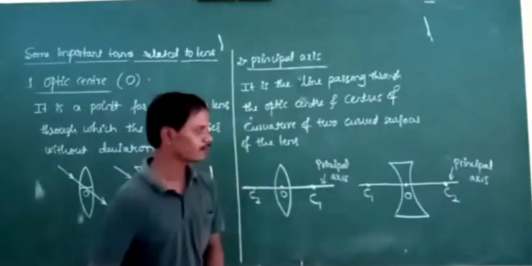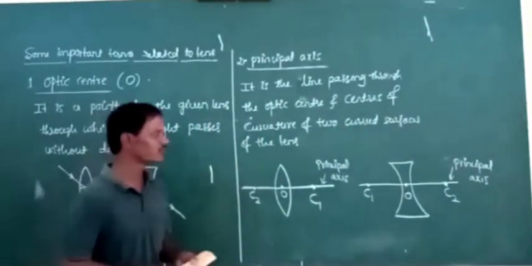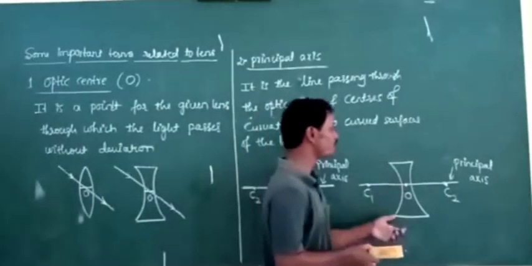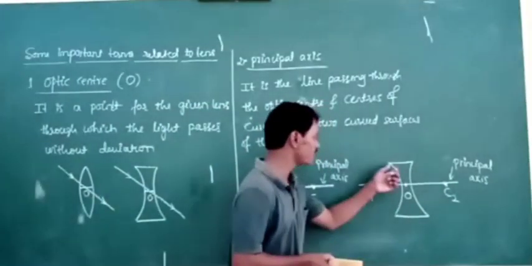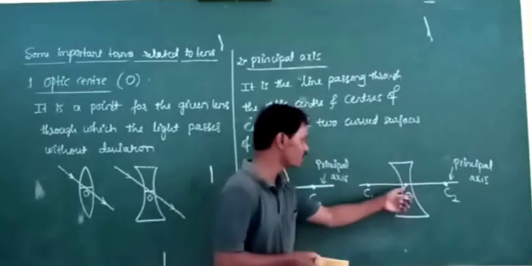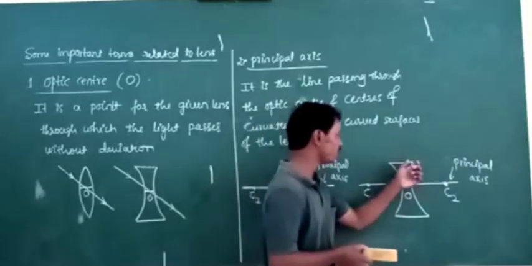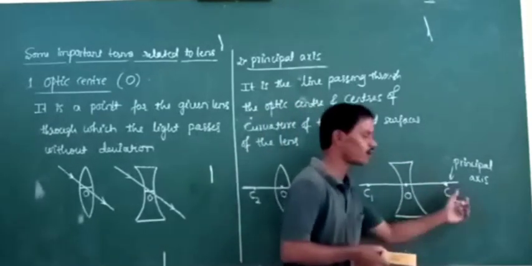Also, the two curved surfaces have two radii of curvature. Radius of curvature of the first curved surface is R1. Radius of curvature of the second curved surface is R2.